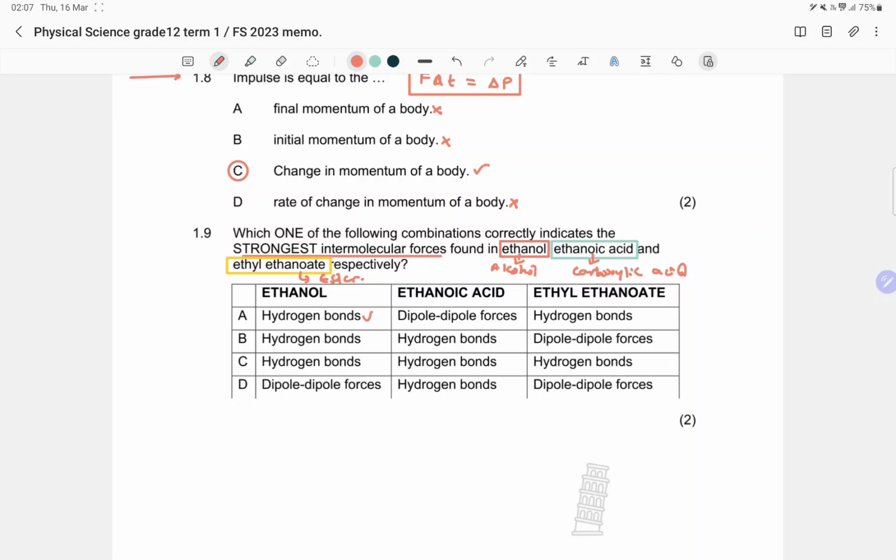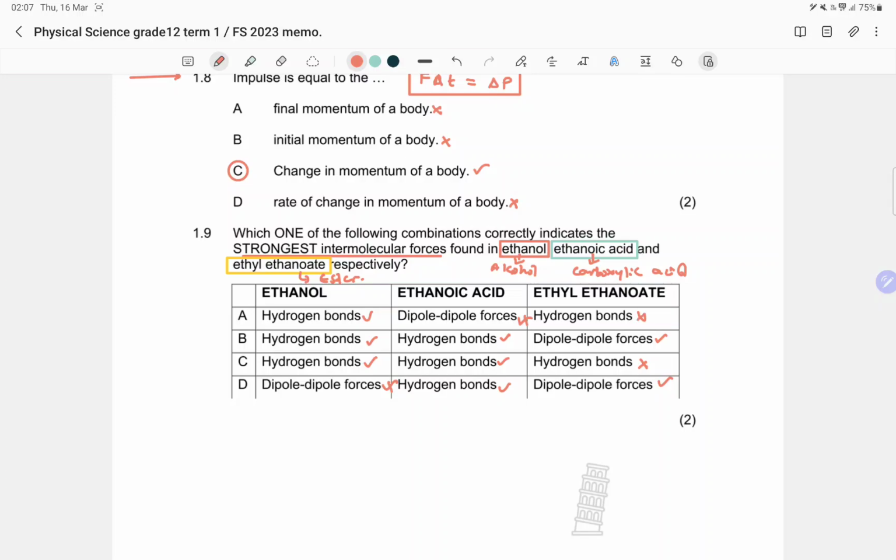So this is hydrogen bonding, a special kind of dipole force. Ethanoic acid is the same, but in ethyl ethanoate, it's just a standard dipole.